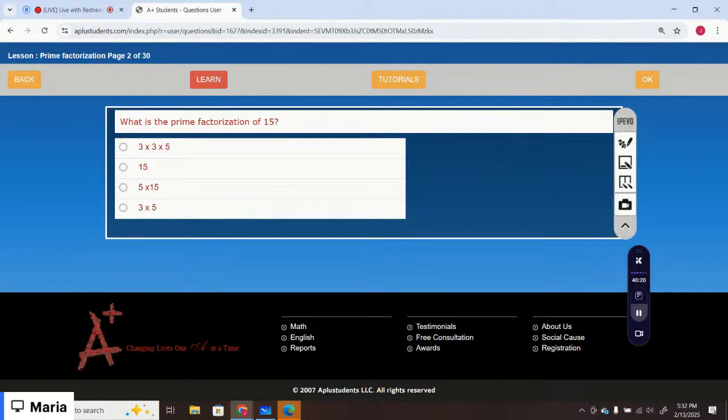What is the prime factorization of 15? Which is the correct option? That is 3 times 5. Option number 3 is the correct option.